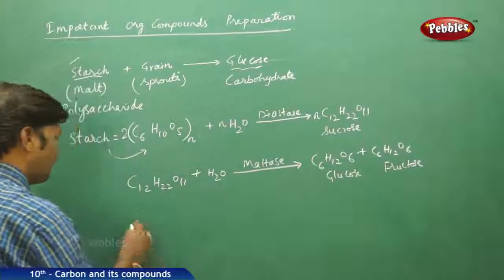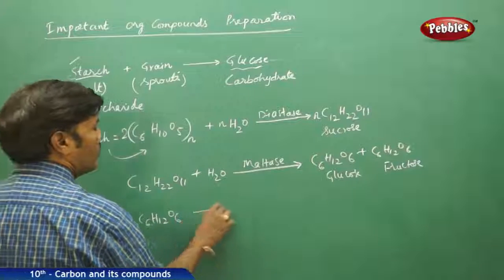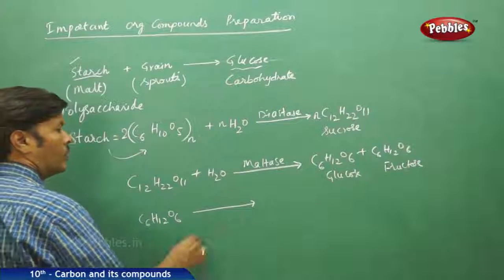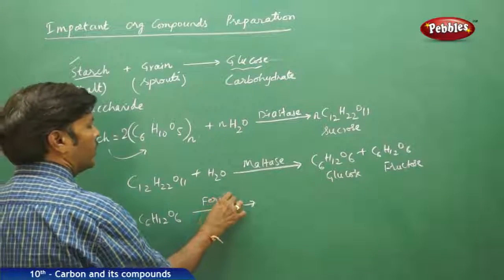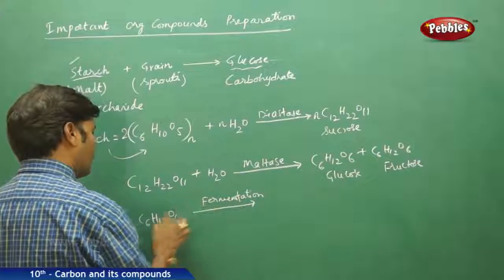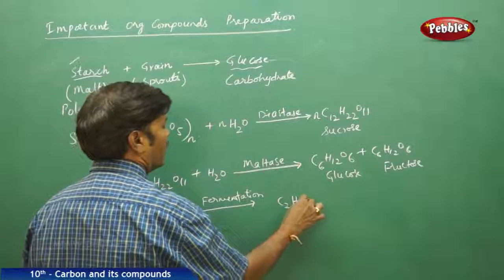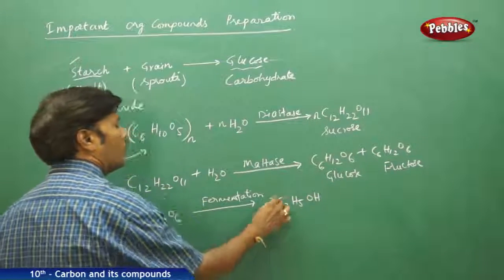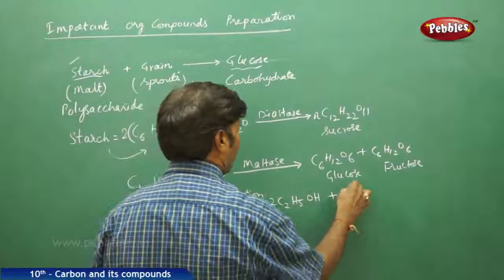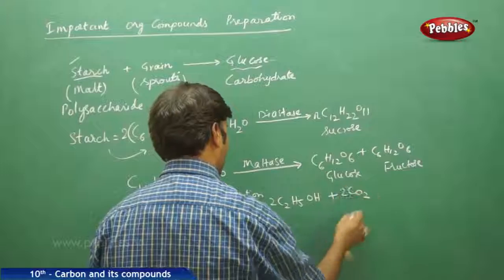So take glucose from there, that is C6H12O6. When you subject it to fermentation, this glucose decomposes to 2 moles of C2H5OH plus 2 moles of carbon dioxide.